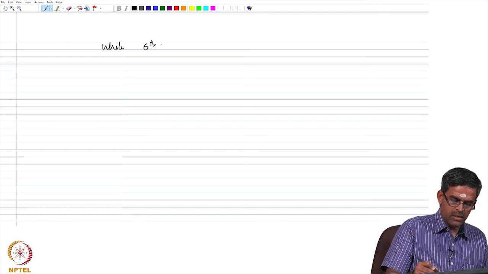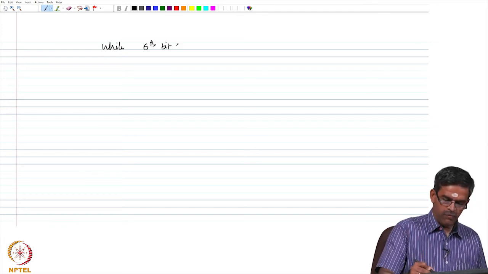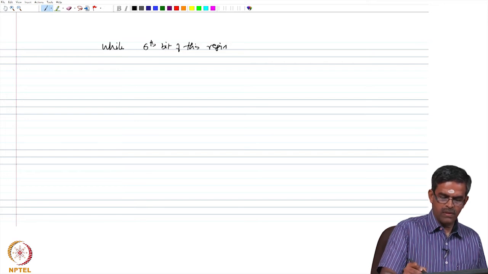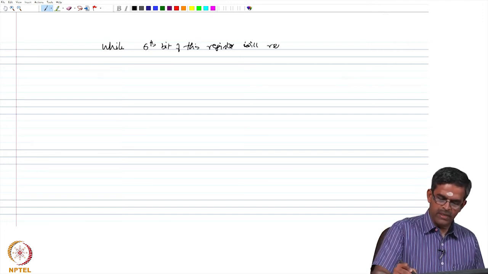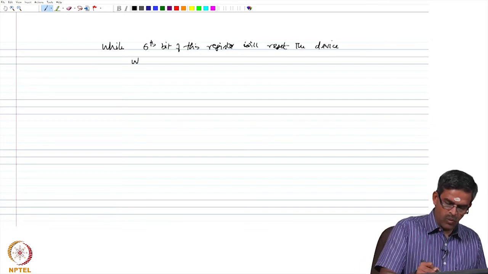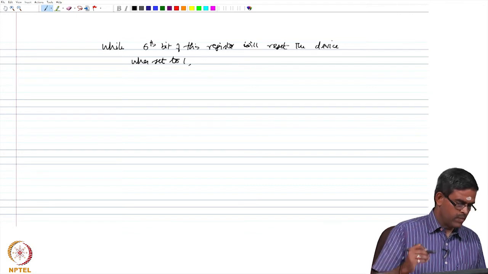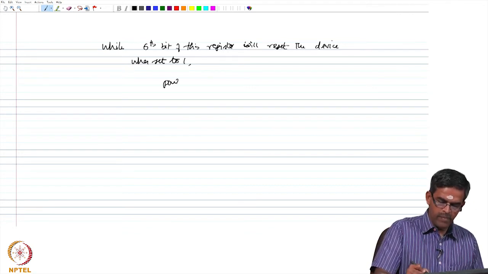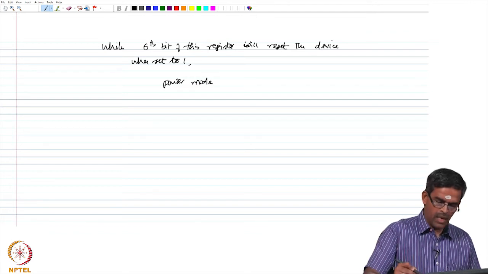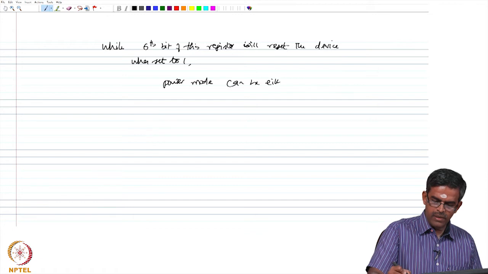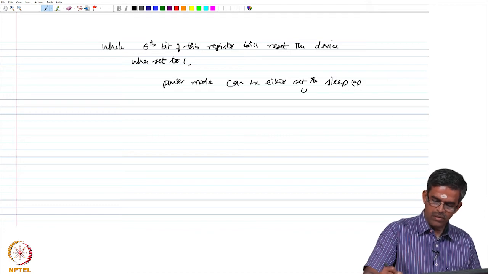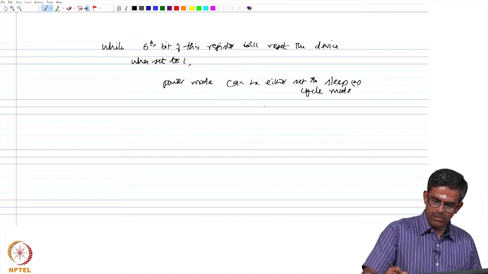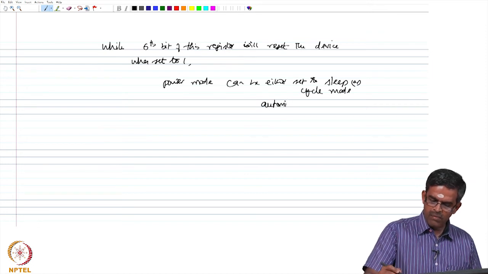While the 6th bit of this register will reset the device when set to 1. So, by this way power mode can be either set to sleep or cycle mode automatically. So, you can save lot of power.